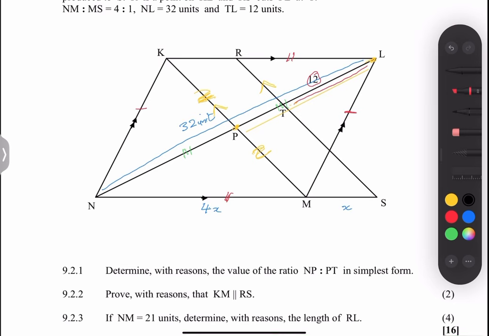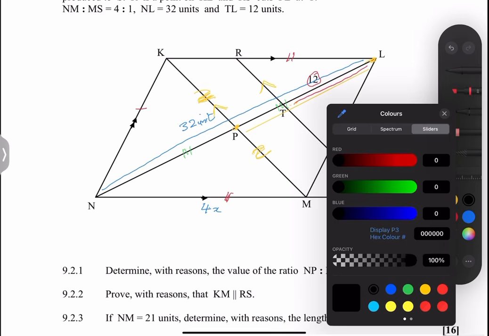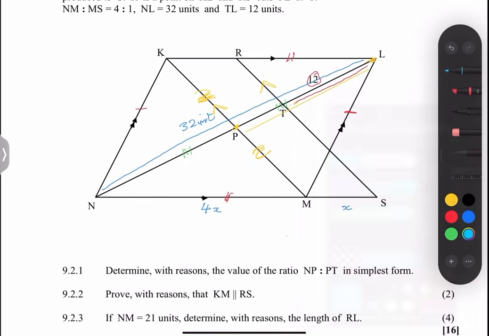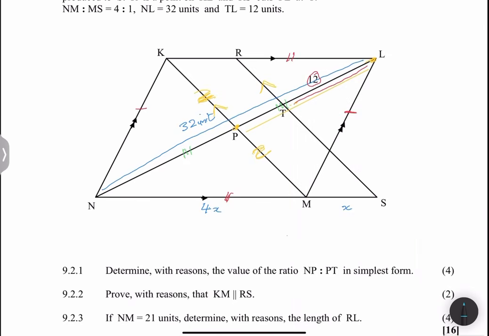Let me just do this in a different color. So we found the relationship in this case. Let me take that turquoise color. So in this case, we found the relationship of NP to PT to be 4:1.